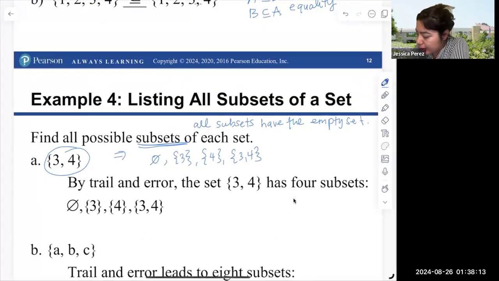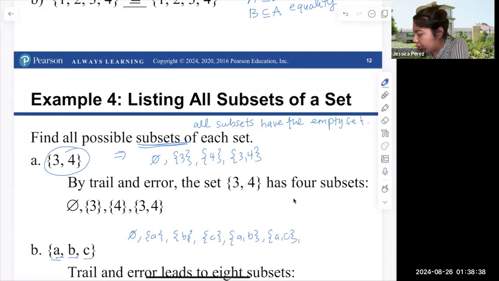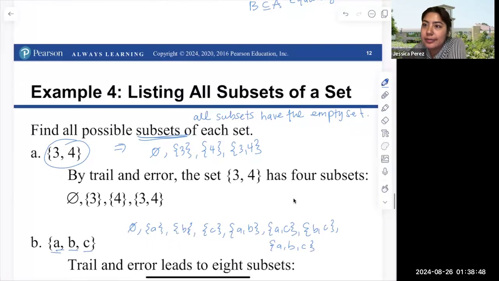So you're going to split. Again, you start with the empty set. All of them will contain the empty set as a subset. Then we break it down as A, B, and C. Then we can do a combination of A, B, a combination of A, C, a combination of B, C, and then the last one is again A, B, and C, because you are allowed to be a subset and equality.